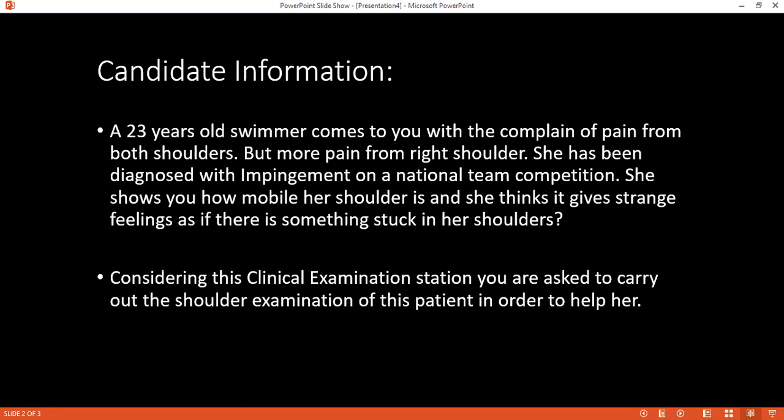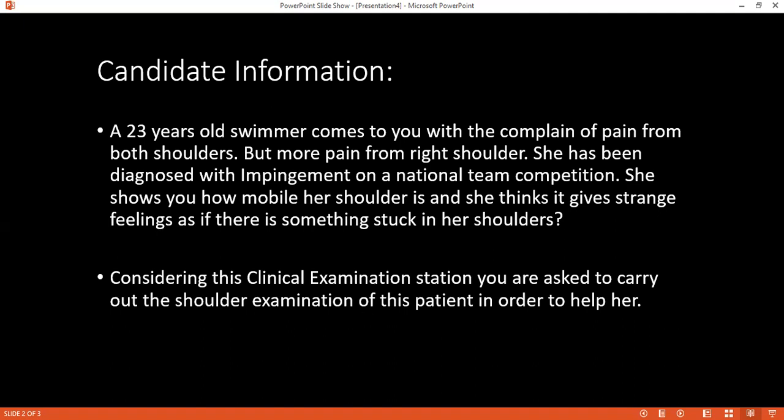After that, I'll check for the distal pulses, and could also ask for any change in feeling, that is numbness of the limb.